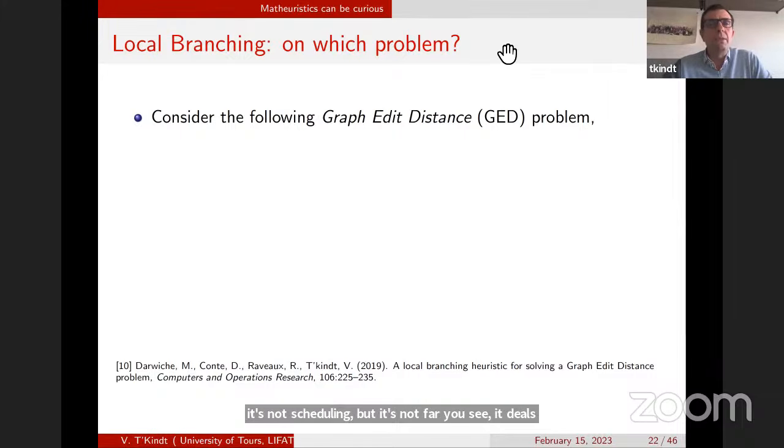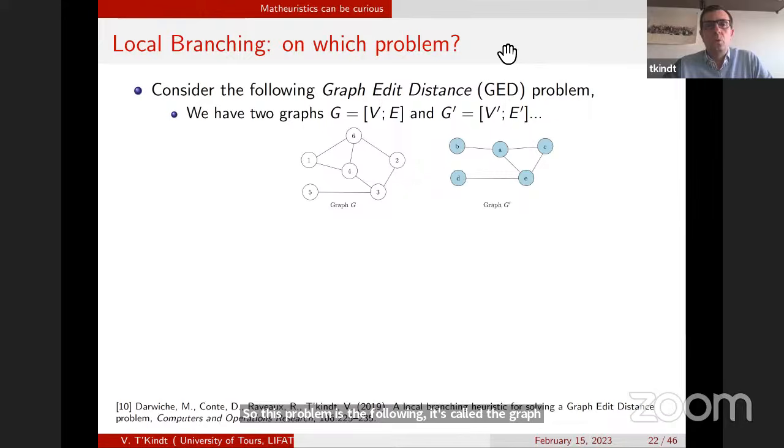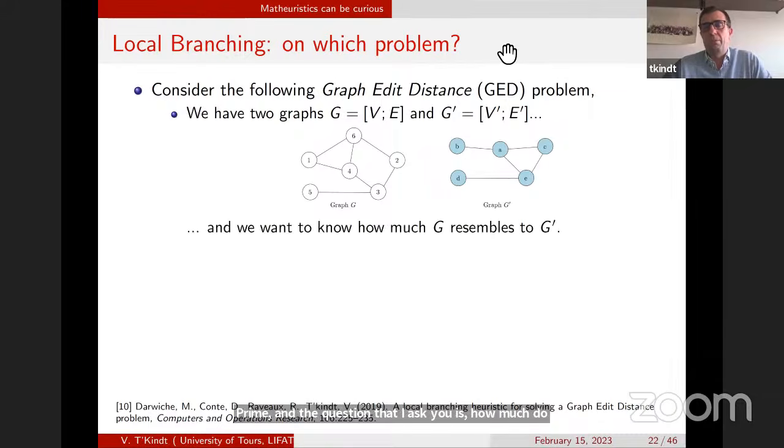So this problem is the following. It's called the graph edit distance problem. I give you two graphs, G and G prime. And the question that I ask you is, how much does G resemble G prime? To know that, we will match vertices of each graph together.